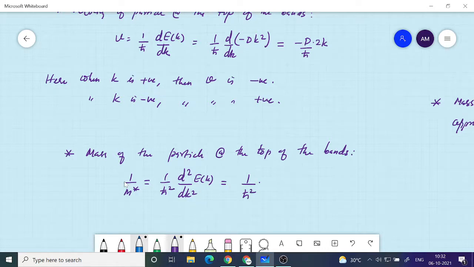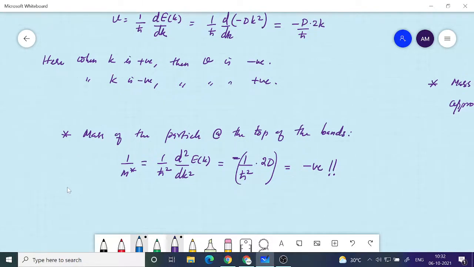Taking the double derivative, the k will go, so you will get minus 2d. Again you see that this is going to be negative. If the inverse is negative, then the mass is negative, because d is positive, all this is positive, and there is a minus sign here. So it's a negative mass.